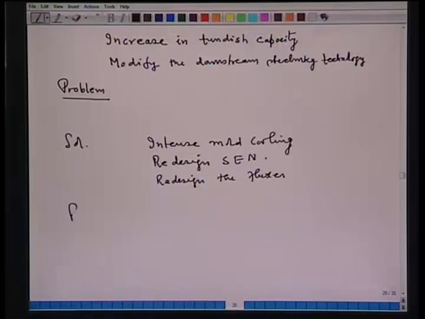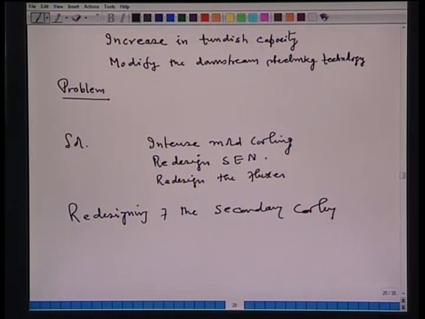Think of another. Because of the increase in speed, the secondary cooling zone, which starts from the bottom of the mold to the cutter, is also to be redesigned. That is redesigning of the secondary cooling zone.